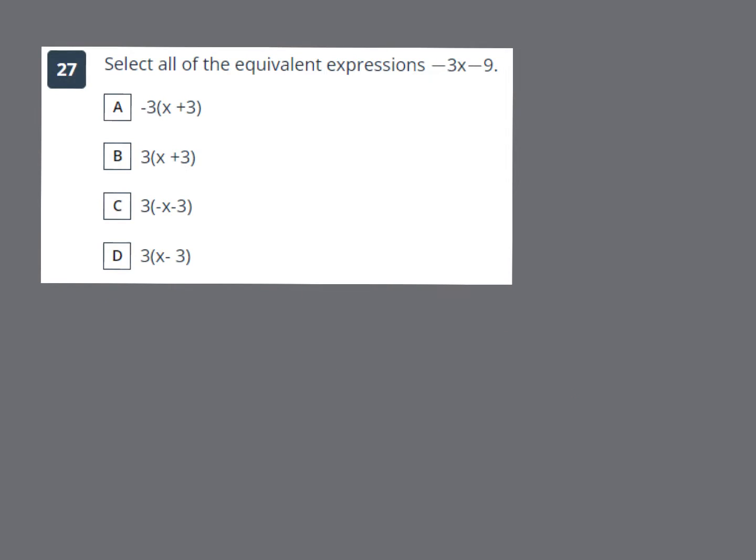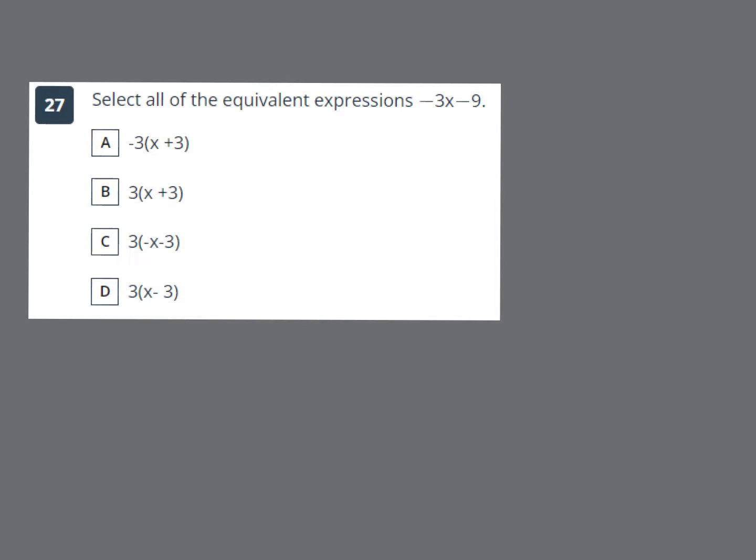Okay, what do we have next? Oopsie. Let's move this down. Select all of the equivalent expressions to negative 3x minus 9. So it looks like they factored this. And of course, there are a couple of different ways to factor this. What do you mean by that, Mrs. De Silva? Well, let's take a peek. Negative 3x minus 9. Well, I'm sure you can see that the GCF, or the gazinta, the largest gazinta, is 3.